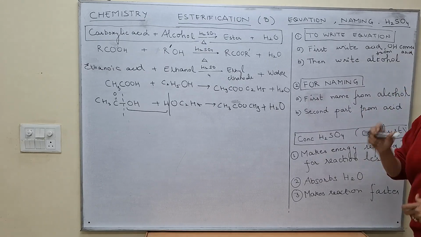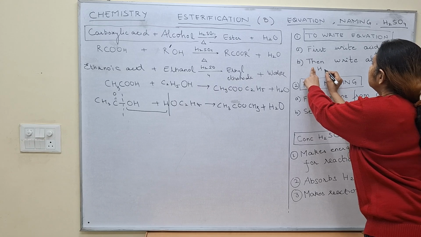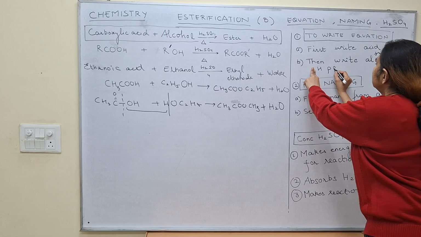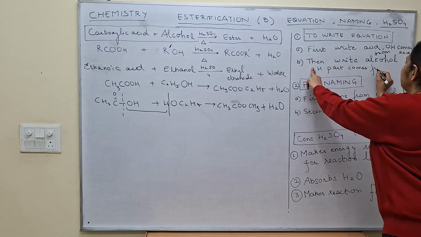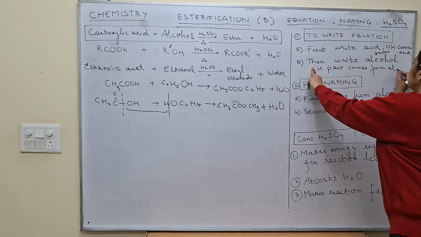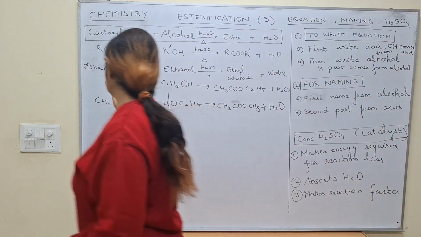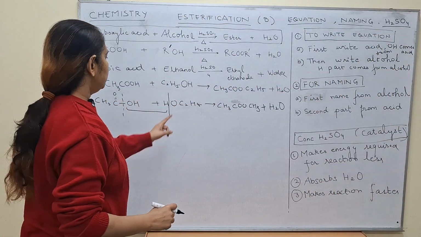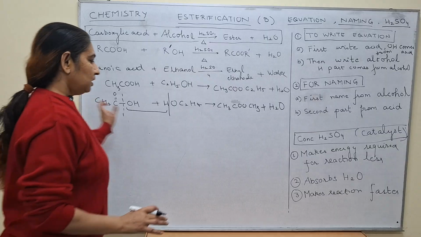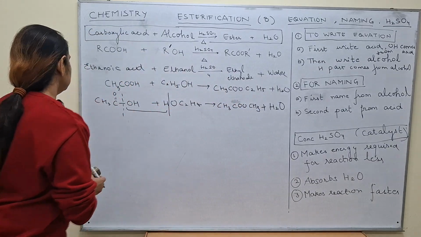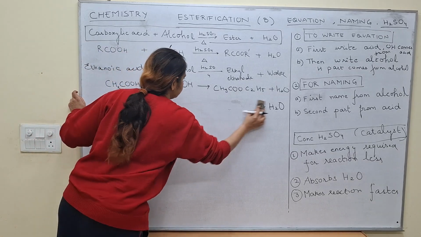Okay, just remember OH part comes from acid, and then you write the alcohol, and the H part comes from alcohol. जो breakage होती है compounds की, it is like this. OH breaks from here and H breaks from alcohol. Okay, now we've understood that. Now let's just remove this to avoid any confusions, because this much is also sufficient.